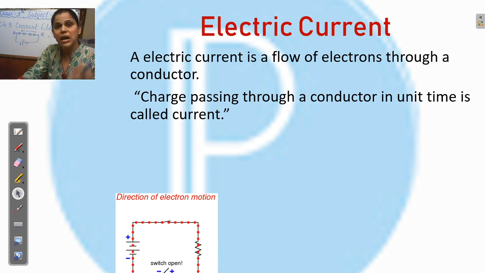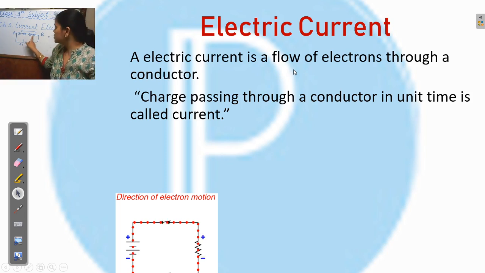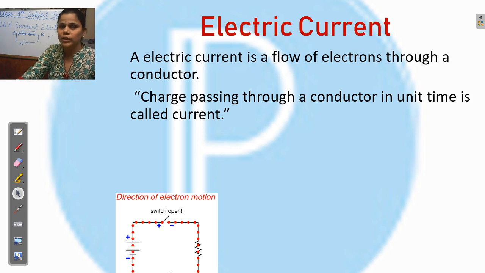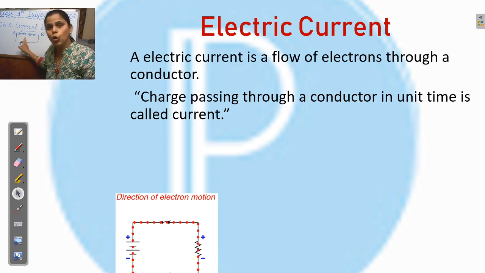The charge passing through a conductor in a unit time is called the current. Understand? Again I repeat, electric current is the flow of electrons.